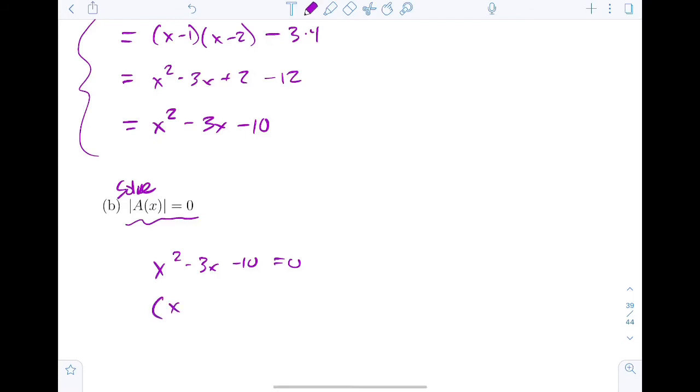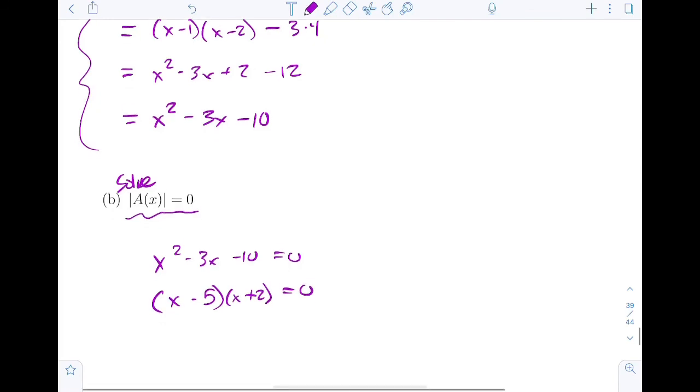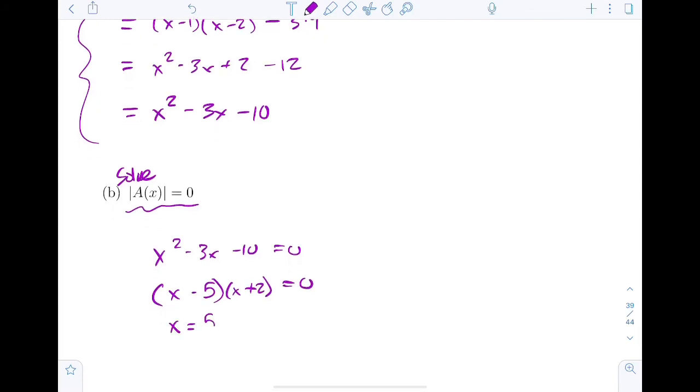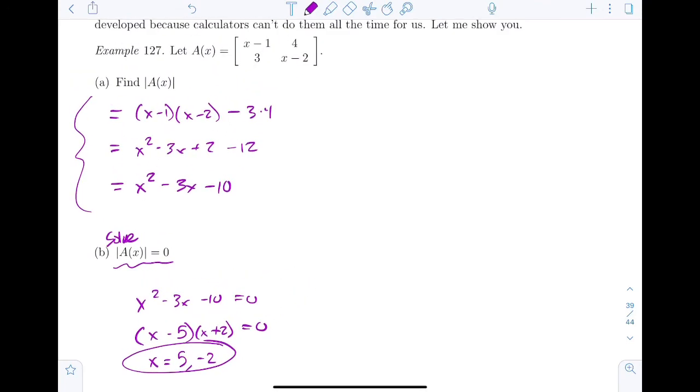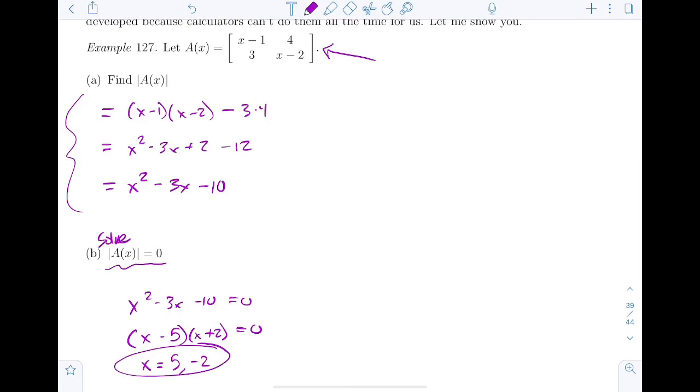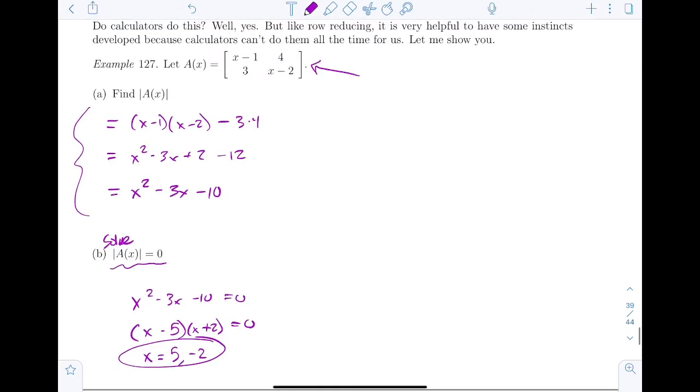So we'll have to do some factoring. (x minus 5)(x plus 2) equals 0. So the values x equals 5 and -2 are the values of x that make A have determinant 0. Those are going to be the things that we are interested in a couple chapters.